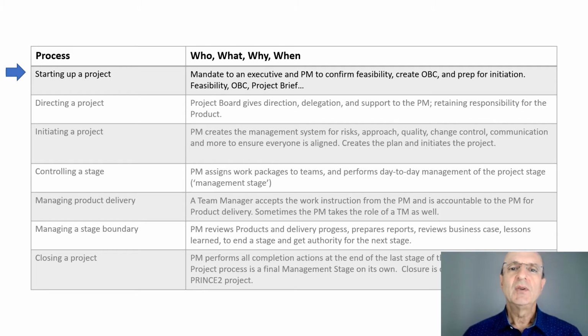So you are looking at possible solutions, possible options. You're presenting a few of those in your outline business case, and you're starting to draw on lessons learned from other projects and within your organization, because that factors into your estimates as to the feasibility.